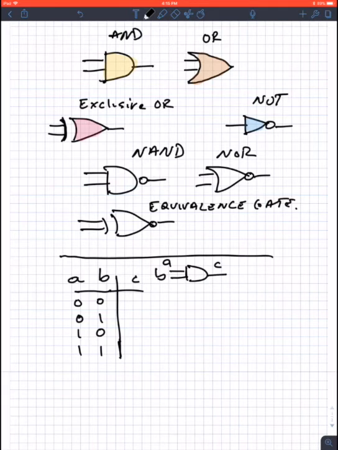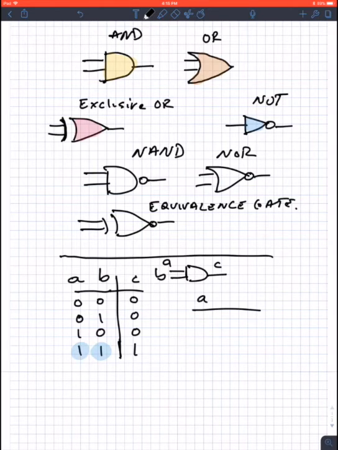So 0 ANDed with anything is 0. So this is the logic truth table for an AND gate. It's only a 1 if both A and B are 1, then the output is a 1. Okay, so that's pretty easy.